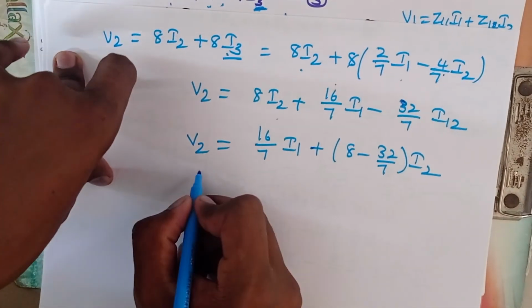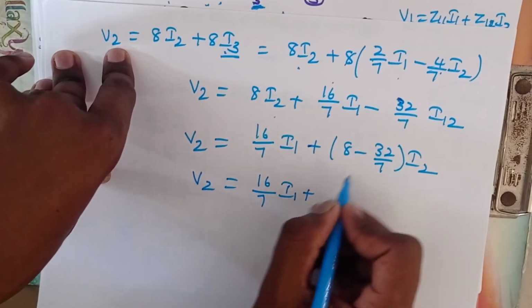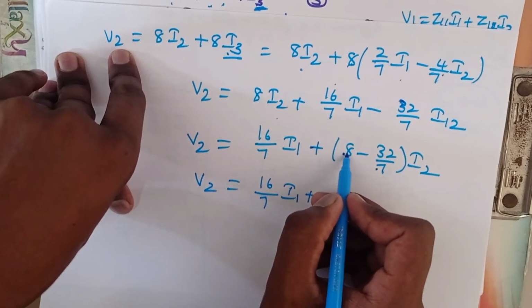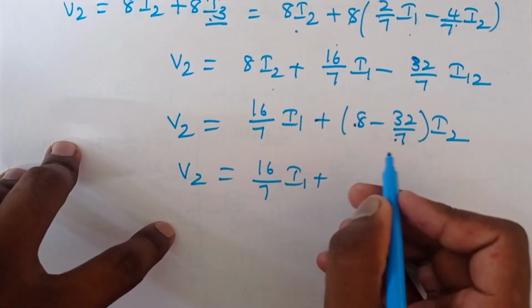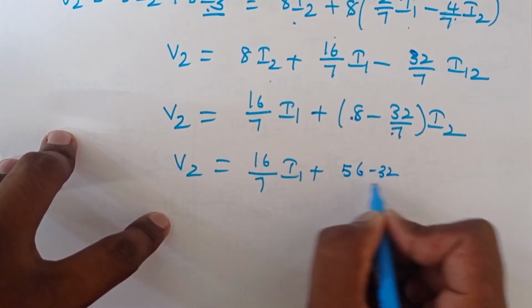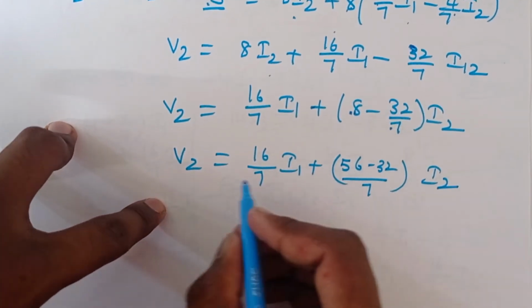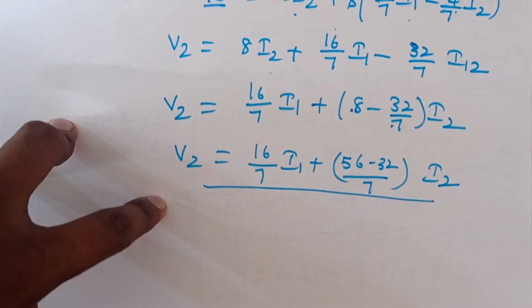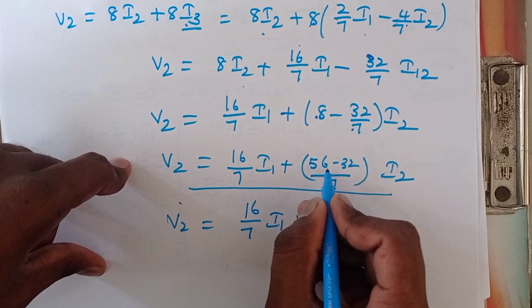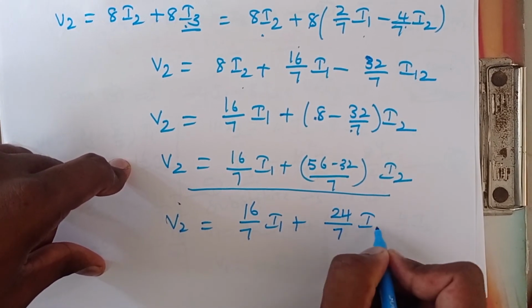Now V2 equal to 16 by 7 I1 plus 8 7s are 56, and 56 minus 32 by 7 I2. Consider V2 equal to 16 by 7 I1 plus 56 minus 32, that is 24 by 7 I2.